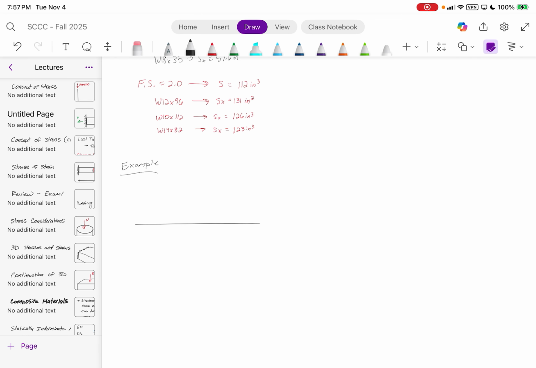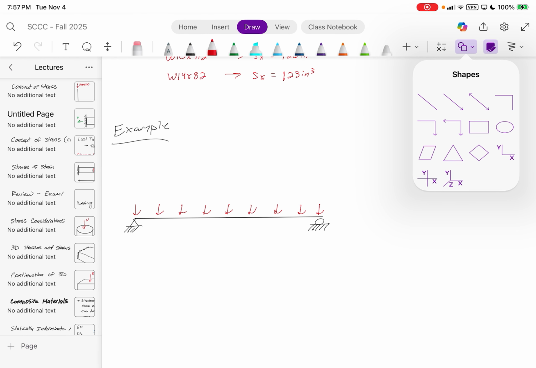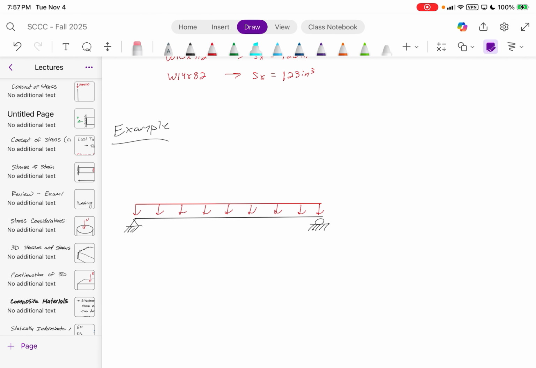Let's say that we have a beam, a pin on the left-hand side, and a roller on the right-hand side. And let's say that there is a uniformly distributed load cut across and then a point load in the middle.